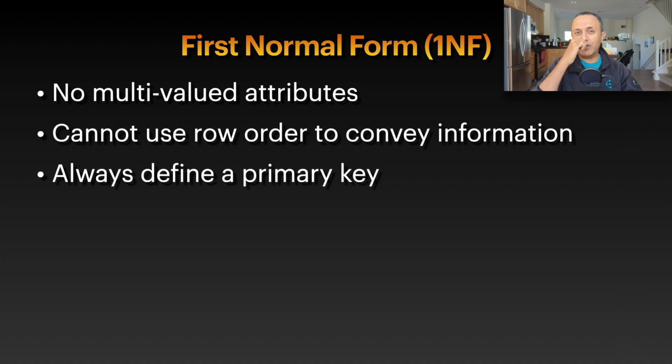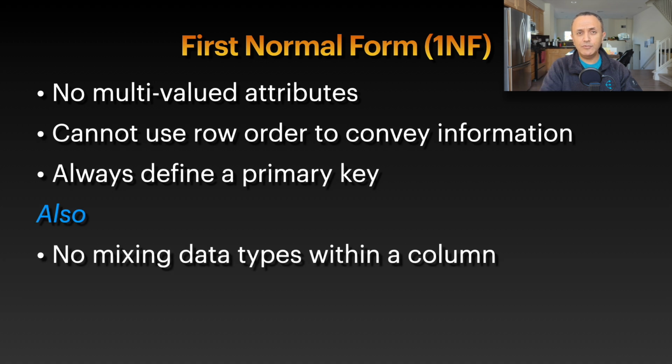Aside from these three conditions, there are actually two more conditions, but those two are usually taken care of by the database system, so we usually don't need to worry about them. One of them is no mixing data types in a particular column, so we cannot store integers and strings and dates and so on in the same column, which is something the database usually takes care of.